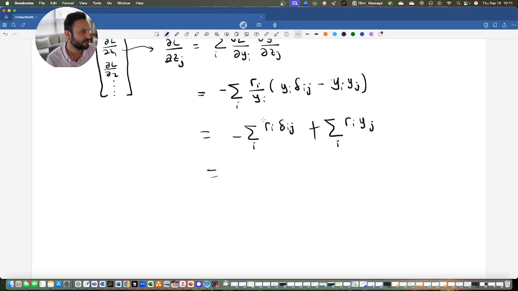Perfect. And I see that when I loop over all of the i's, this delta ij is going to kill everything except when i is equal to j. So this summation is going to be 0 for all of the i's until i is equal to j. It becomes everything, including j. And when it is j, only then this delta is going to become 1.